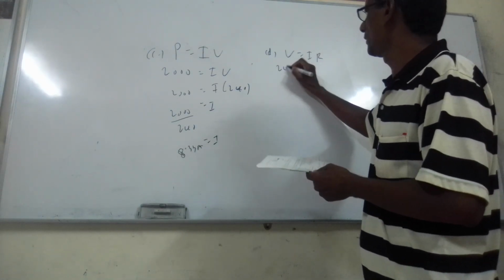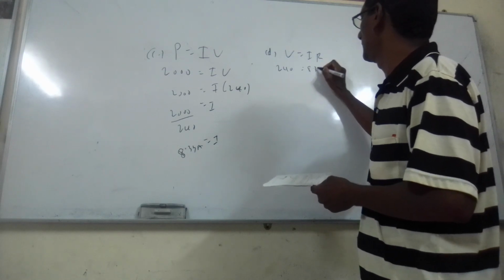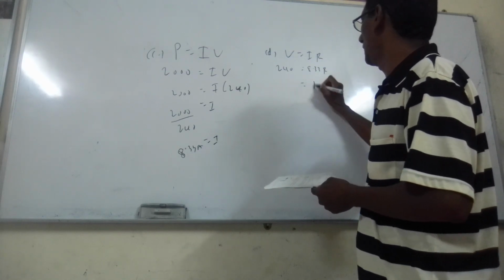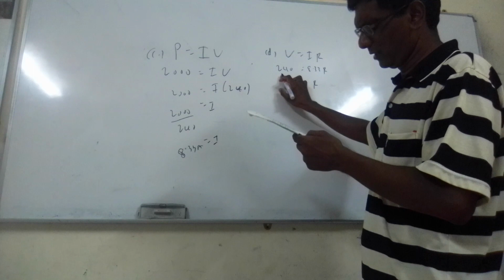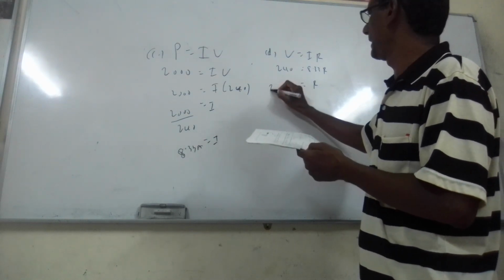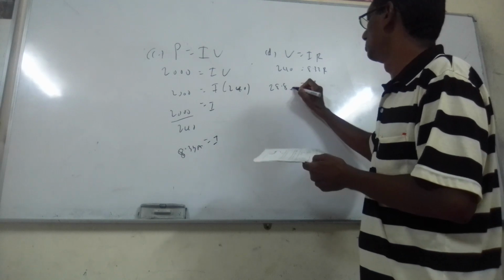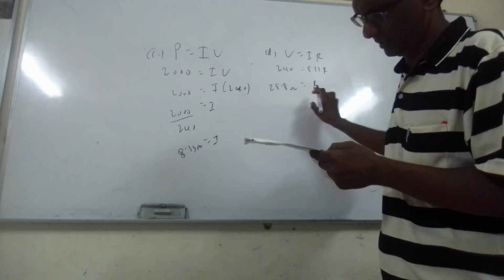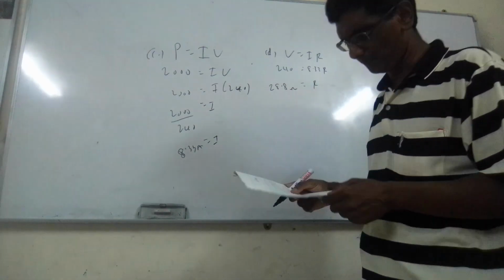The voltage is 240, the current is 8.33, and R. So 240 divided by 8.33 is 28.8 ohm. That is the equivalent resistance of the heater.